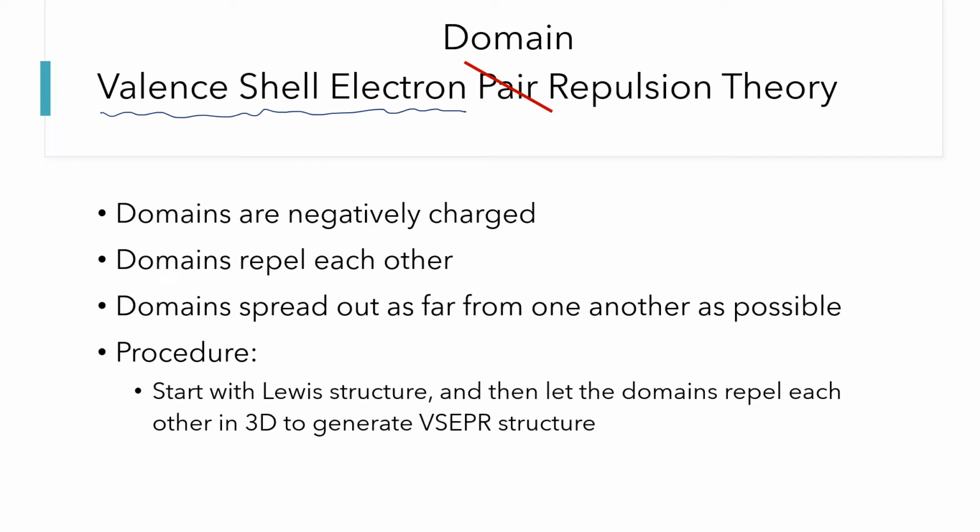So our procedure for figuring out VSEPR structures will be to start with the Lewis structure, because that will help us identify what's the central atom, what are the outside atoms, and what sort of domains we're working with: single bonds, double bonds, triple bonds, lone pairs. Then we will simply let those domains repel each other in 3 dimensions and separate and get themselves as far apart from one another as they can, and that will create our VSEPR structure.